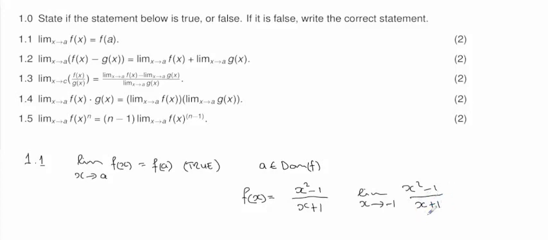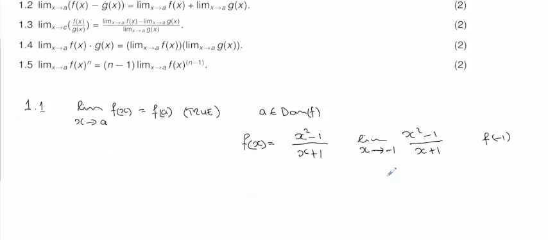The limit of this exists and is not equal to f at minus 1, because first of all, f at minus 1 is not defined. So in that case, this won't be true. Let's calculate this limit just to show that it exists. If we do direct substitution, we can see definitely that this is going to give us 0 over 0, which is an indeterminate form which we cannot give as a limit.